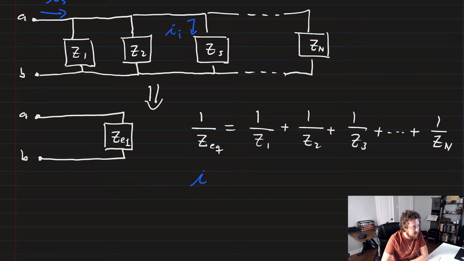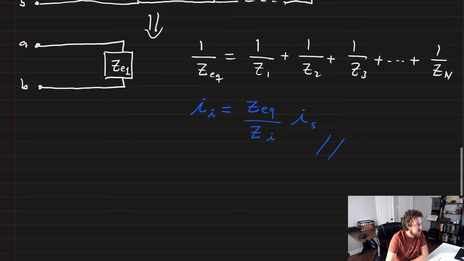I sub I is equal to Z EQ over Z sub I times that source. So there's our equation for current division.